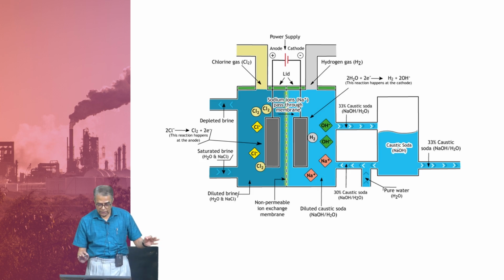This is a negative electrode, so the Na plus ions which are here as NaCl will come across, and chlorine will go out, OH remains OH. Internally hydrogen generation takes place, that hydrogen goes out. This membrane also separates the chlorine and hydrogen. So, we are combining both into a single cell thanks to the property of the membrane.